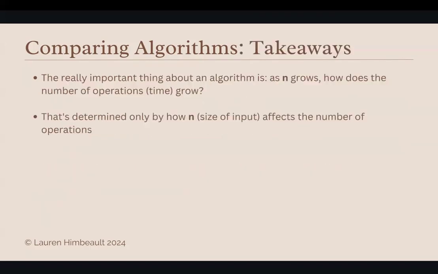The really important thing about these algorithms is to consider, as n grows, how does the number of operations actually grow? This is determined only by n. That C stays constant for every single element, so it doesn't really matter. It's always going to be there. But if n doubles in size, how does that affect the speed of the algorithm we might be considering?